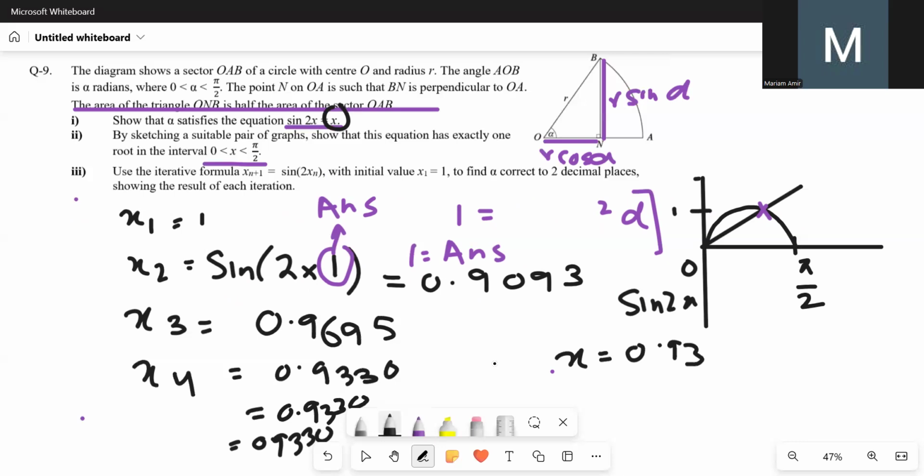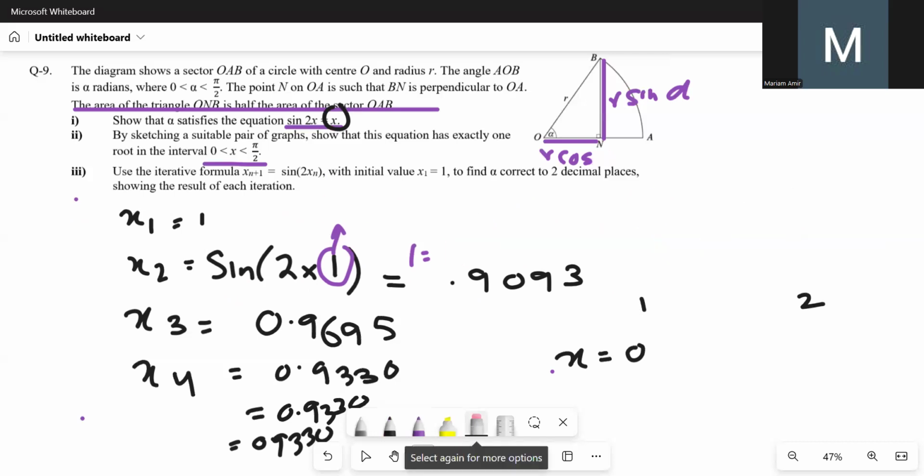Now hold on, I think something has gone wrong because the answer is 0.95. Let me do this again. So let me just clear all this clutter. Okay, so 1 equals answer. Now my calculator has 1 stored in the answer key. Then I'm going to do sine. I think I forgot 2 earlier. 2 times answer.